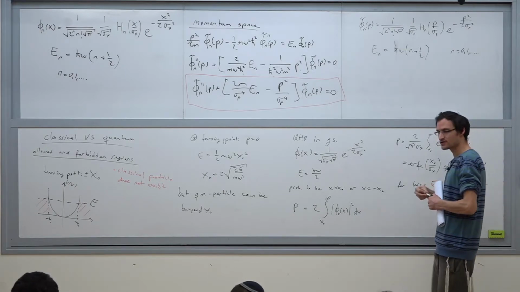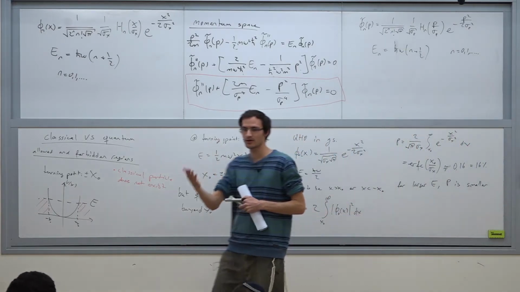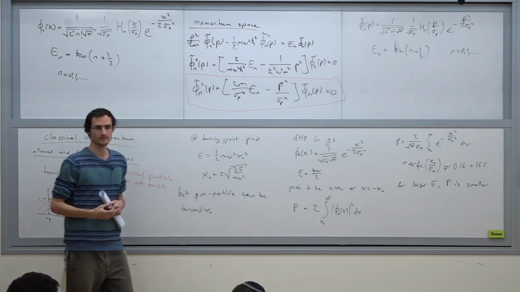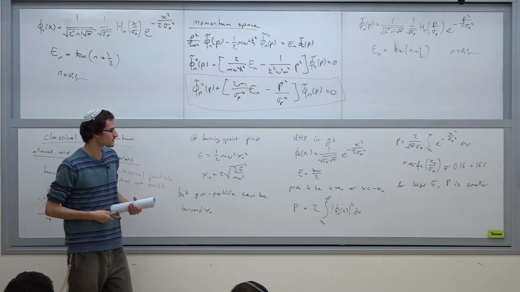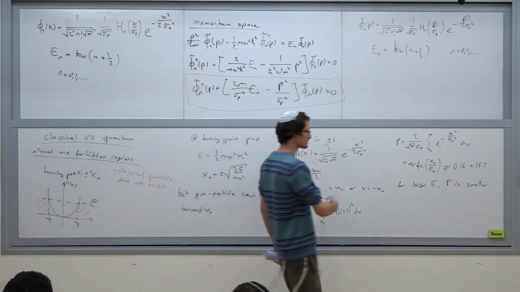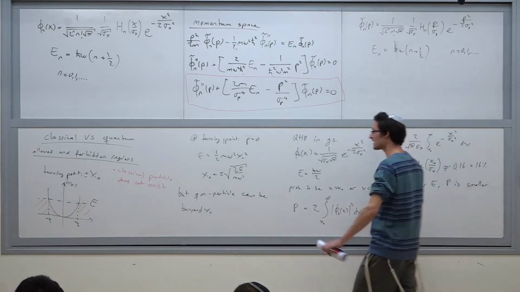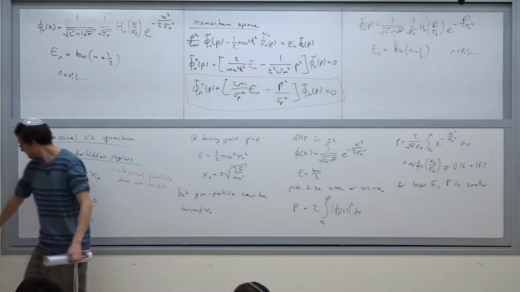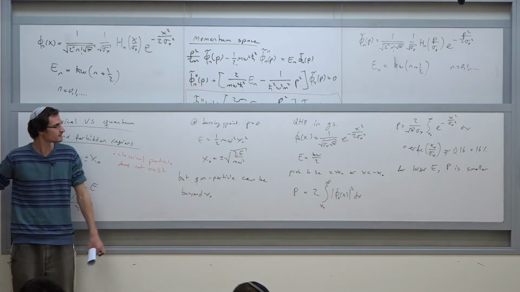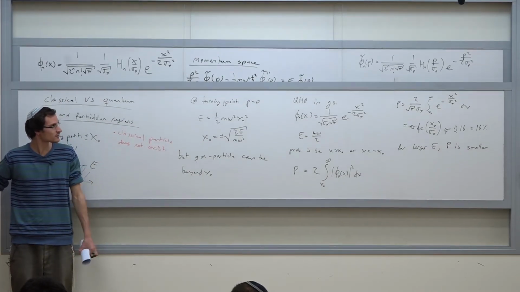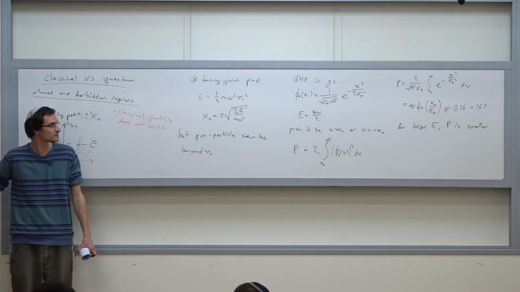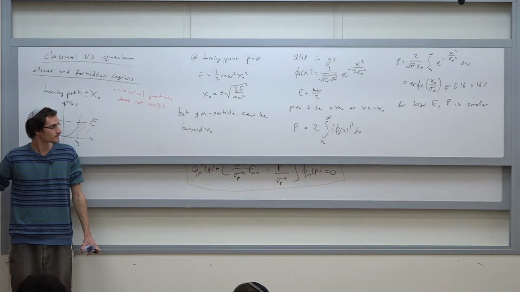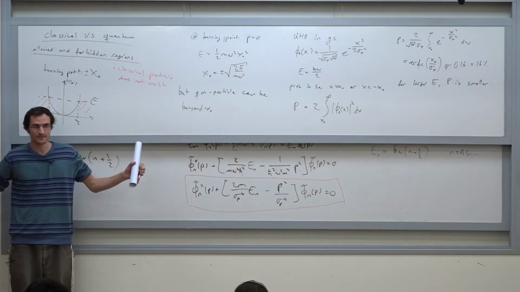So we see that as the energy rises, the energy becomes larger, we approach the classical limit. This is something that happens a lot in quantum mechanics, and we'll come back to this principle again in a couple of minutes for something else that also becomes classical at high energy. Questions about this?